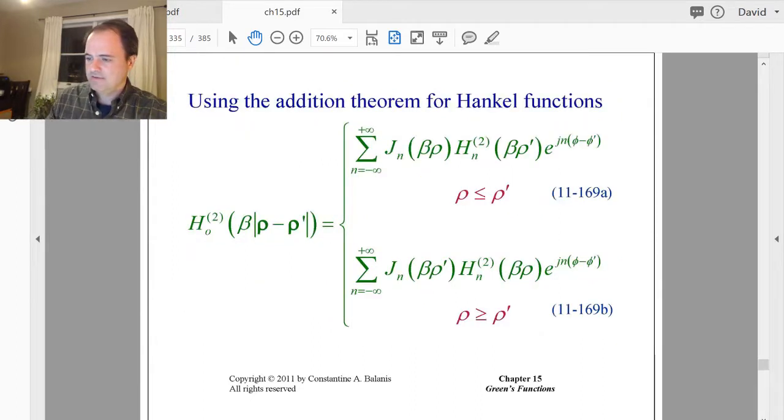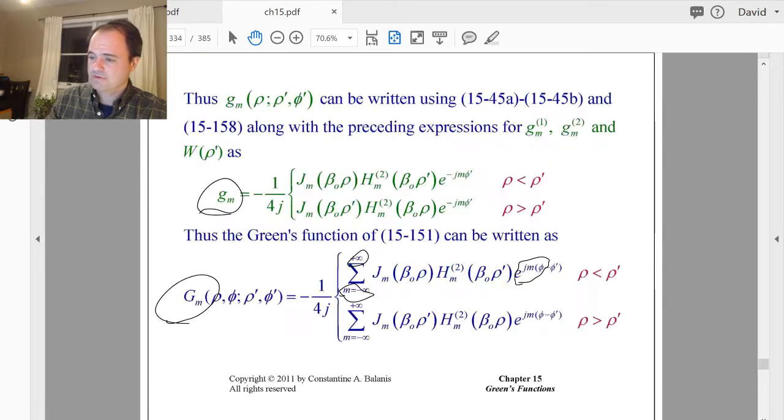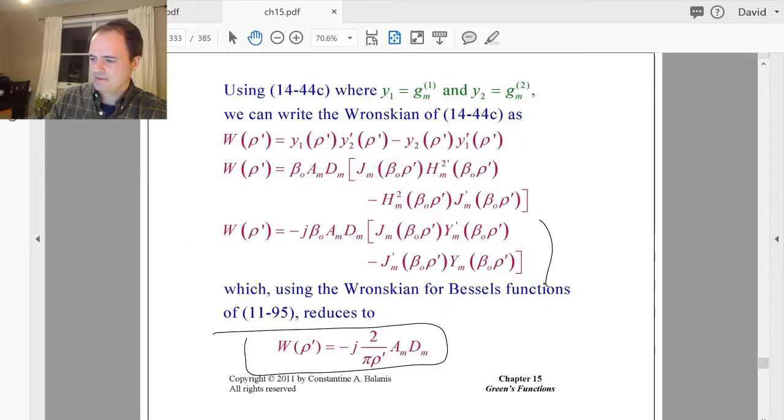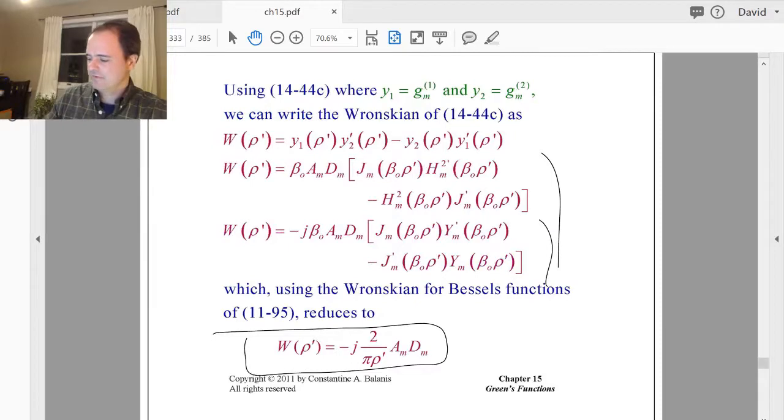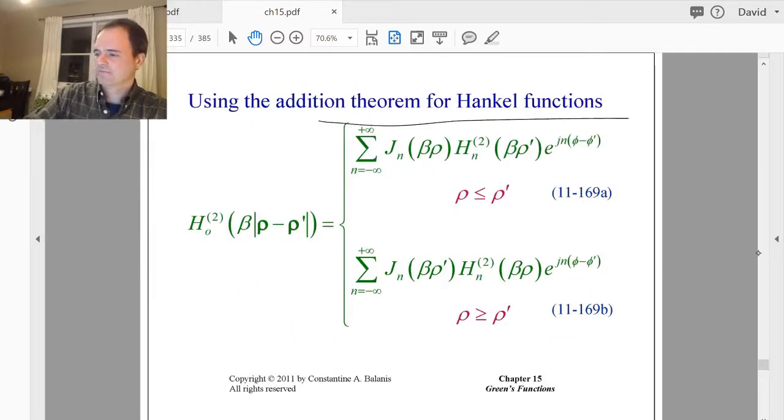All right? So where we've used the property of Hankel functions, the addition theorem for Hankel functions within this right here. To simplify the Wronskian, we use the addition theorem for Hankel functions.